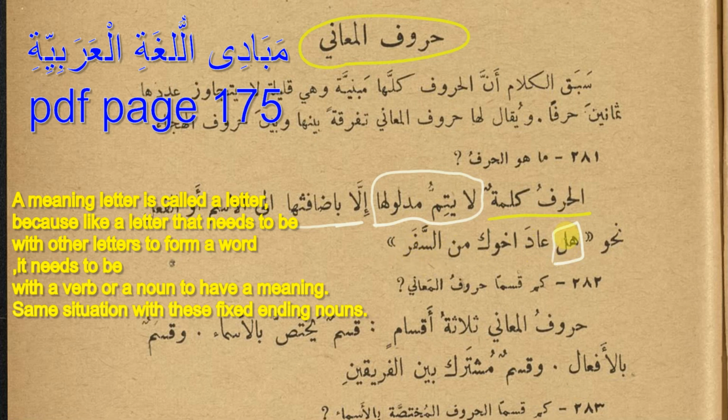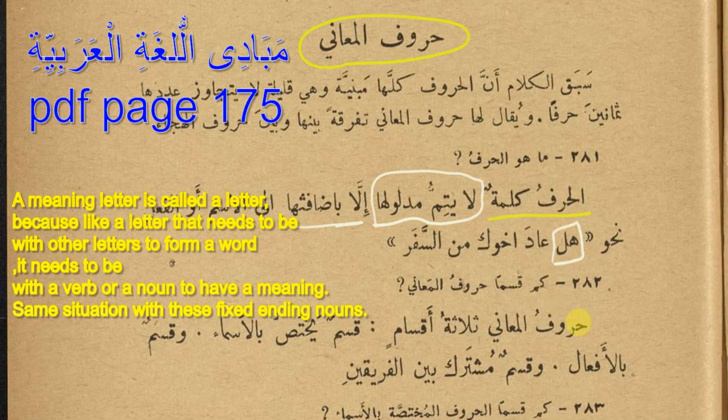So هل here is a meaning letter. Its indication, or what it indicates, is not apparent or complete unless it's added to a verb, in this case عاد, he came back. Even though it's made up of 2 alphabetical letters, it's called a meaning letter.